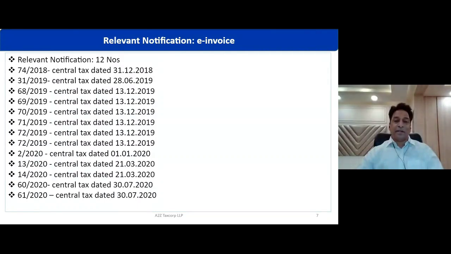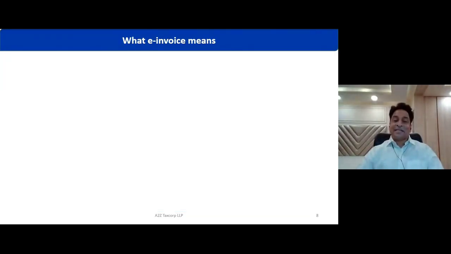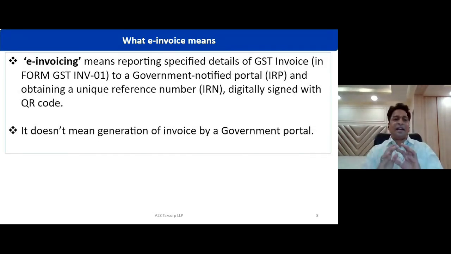Let's move further. So I'm starting with the very first point. What does e-invoice mean? What is the understanding? What we all are talking about? What is this e-invoice? As I clearly told you when I started, e-invoicing is nothing but reporting of specified details and particulars. Rule 46 of CGST rules has got prescribed particulars.